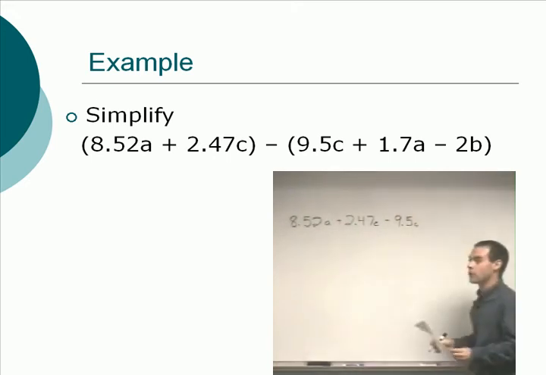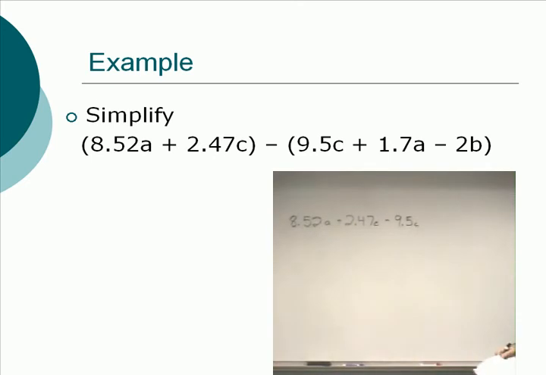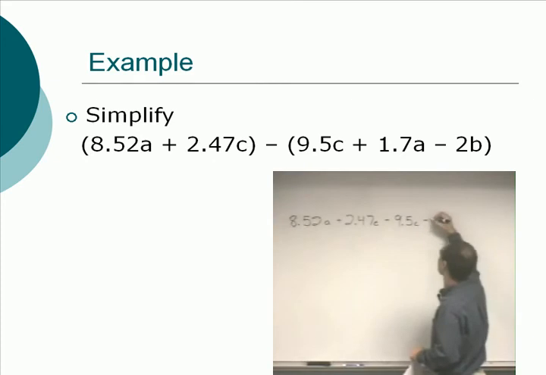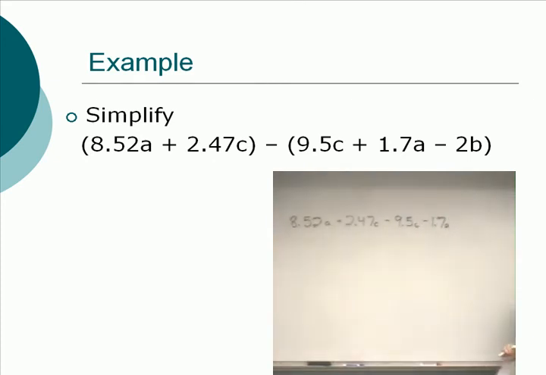So we have minus 9.5c, minus 1.7a, and negative negative becomes plus 2b when that negative sign gets distributed. Okay? Everybody agree with the signs on those last 3 terms? Okay? And now we can combine it just like we did the previous one.